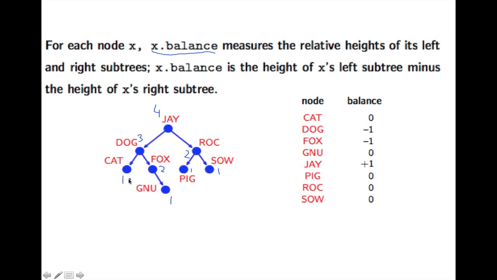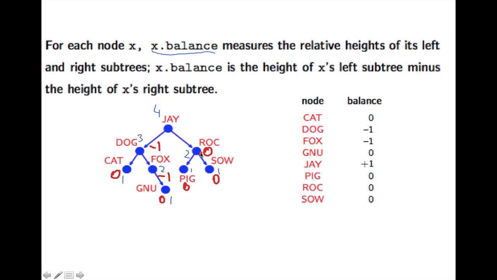And the difference between the left and the right is here 0, 0, 0, 0. Here it's also 0. Here left minus right is -1. Here too, left minus right is -1.